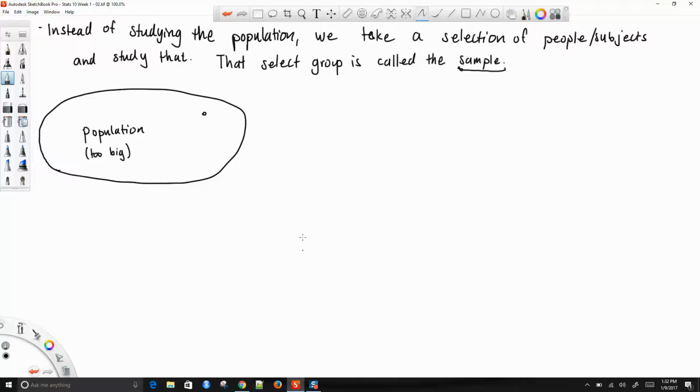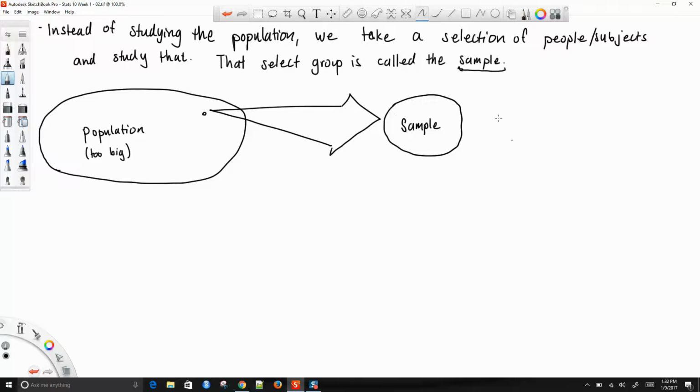We're going to magnify that. Okay, this is our sample, okay? We observe this thing. Okay, and based on what we see in the sample, we will try to make conclusions about the population.